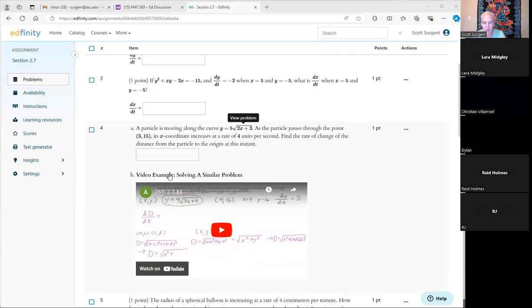A particle is moving along the curve y equals 5 square root 2x plus 3. As the particle passes through the point (3, 15), the x coordinate is changing at a rate of 4 units per second.